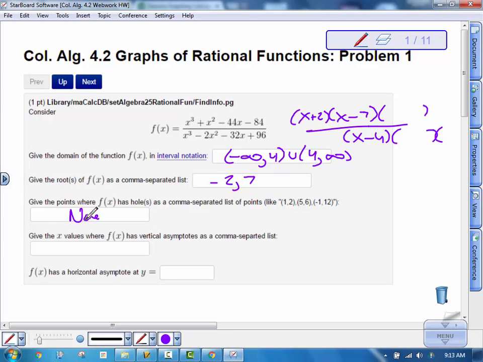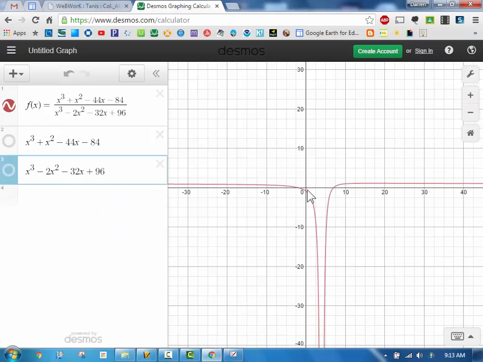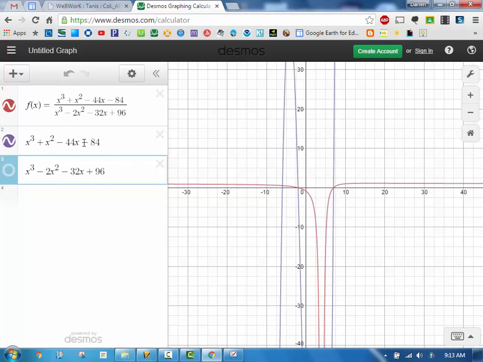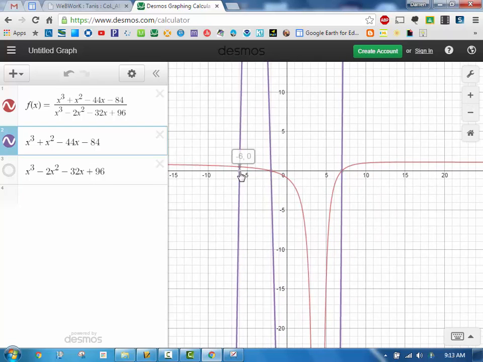Actually, there is. I didn't graph this very well. There is a hole at -6. So if you look at the graph, if you graph just the top, it goes through the point, let me zoom in on that, -6, 0. And so does the other one.